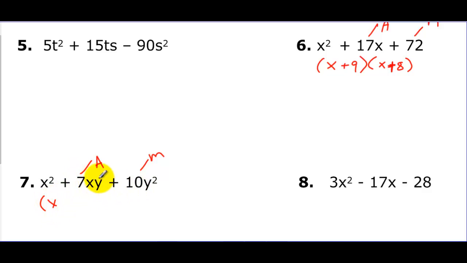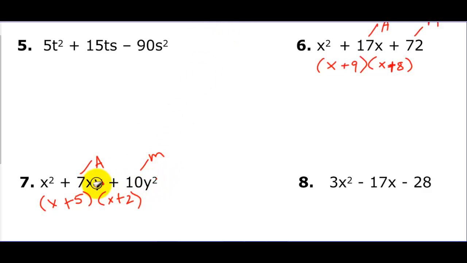If I forget that y was there, let's scribble it out for a second and pretend it's not there. Now this is pretty much the same as 6. I'd say in this case x plus 5 and x plus 2. The only difference is that, instead of turning something into 10, how do I turn it into 10y squared?